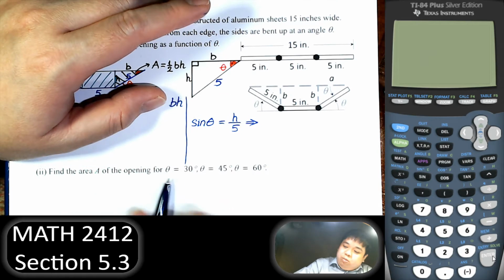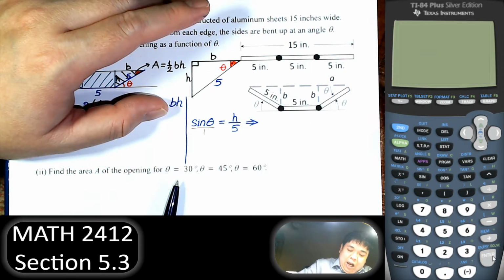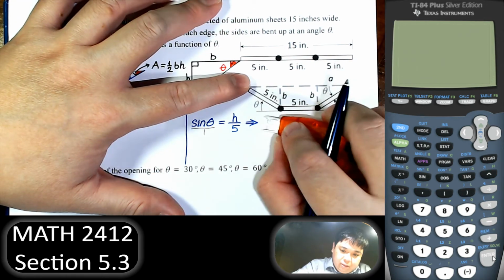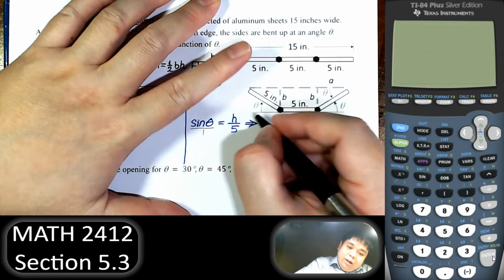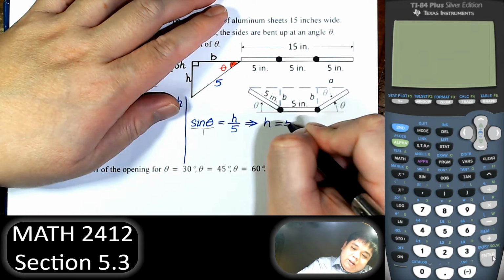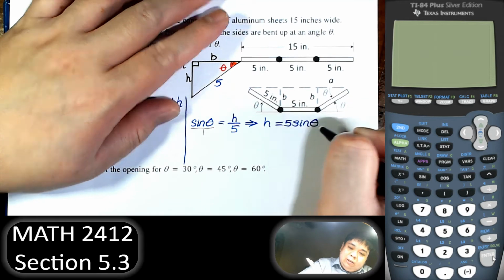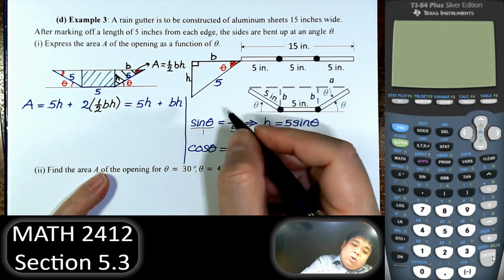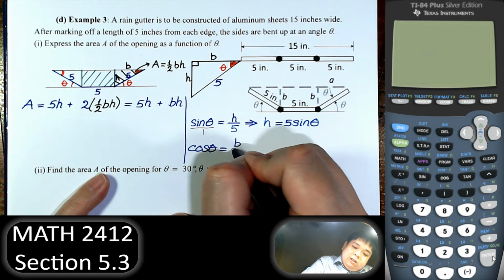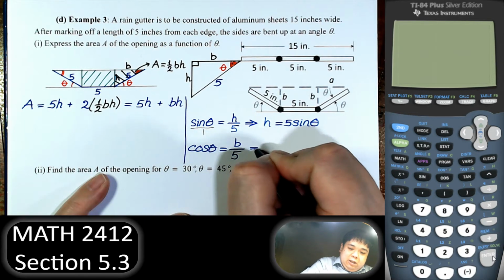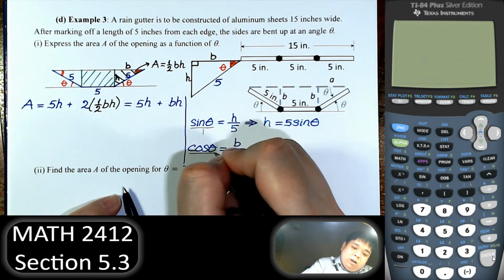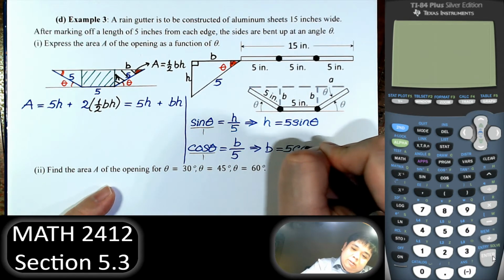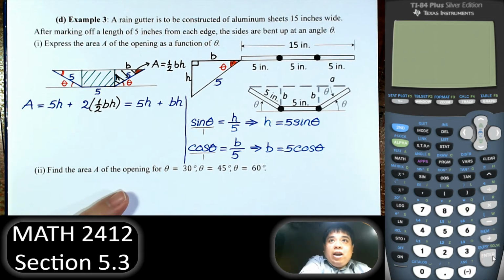So cross multiplying here, h is equal to 5 sine theta. And then when we write cosine, it is adjacent over hypotenuse. And cross multiply, b equals 5 cosine theta. That's what we have.